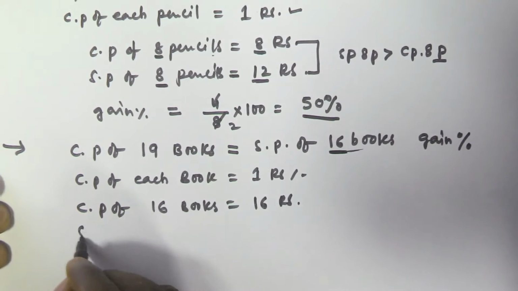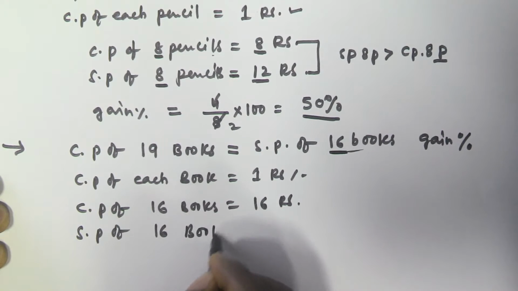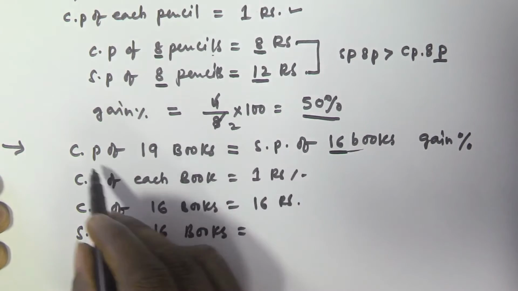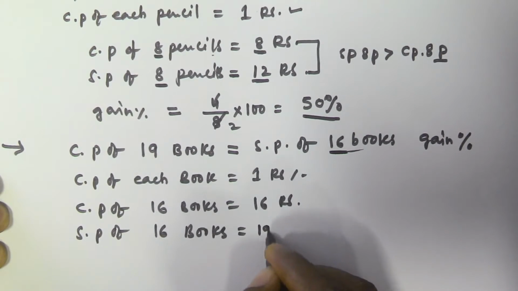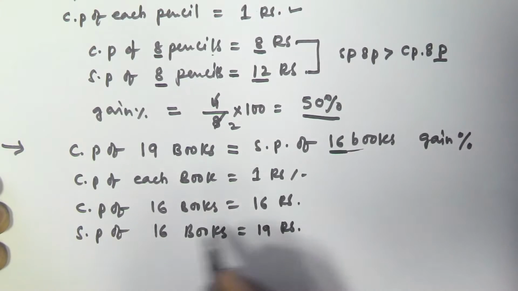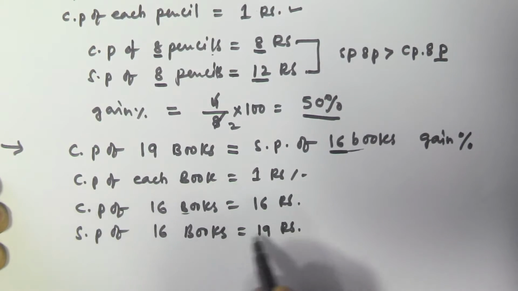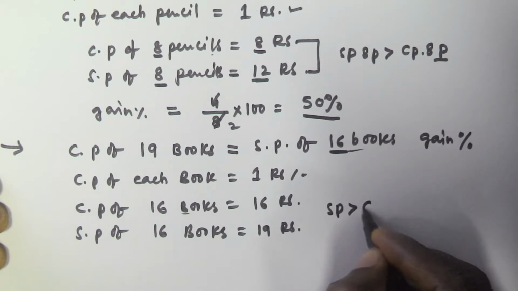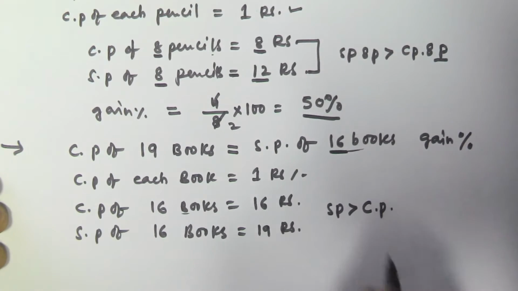The selling price of 16 books is equivalent to the cost price of 19 books, which is 19 rupees. So the cost price of 16 books is 16 rupees and the selling price of 16 books is 19 rupees. Obviously the selling price is greater than the cost price for 16 books, so there is a gain.